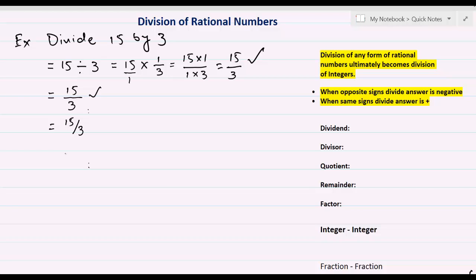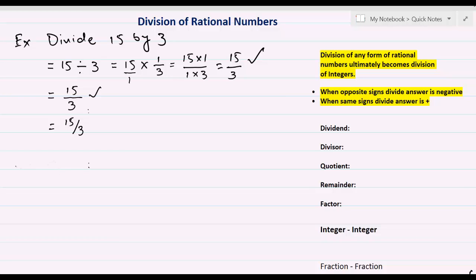And since any number consists of the sign and the number itself, while we are dividing, we are dealing with two things: the sign and the magnitude of the number.